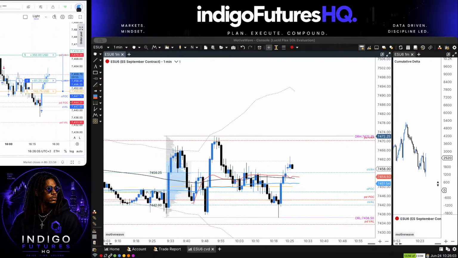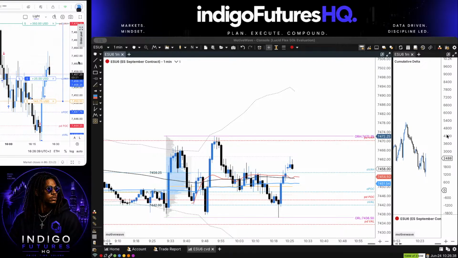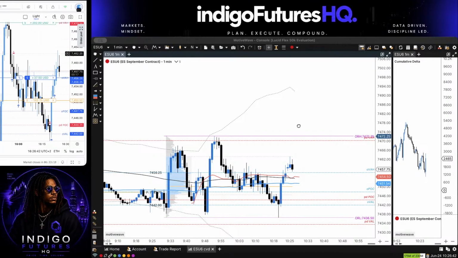Needless to say, if we do rotate to the point of control, I will be a little peeved. Come on, let's go. 461. It's value area high. 463 actually. Need a clean break above 463 and hold. Otherwise, we would have turned another green day into a red day.